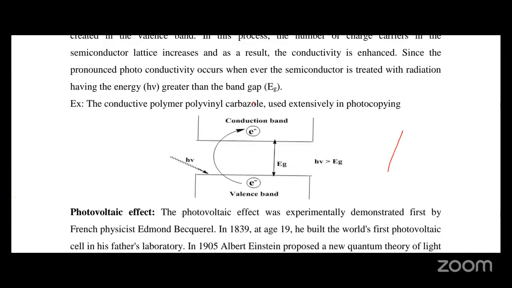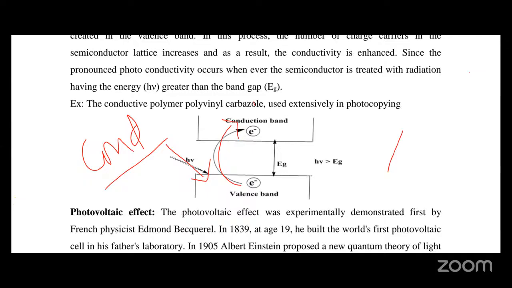The phenomenon of photoconductivity can also be explained like this. Whenever light radiation is incident on the substance, the electrons will be promoted from the valence band to the conduction band. Therefore, that produces conductivity. So we have to get this conductivity in semiconductors or materials.